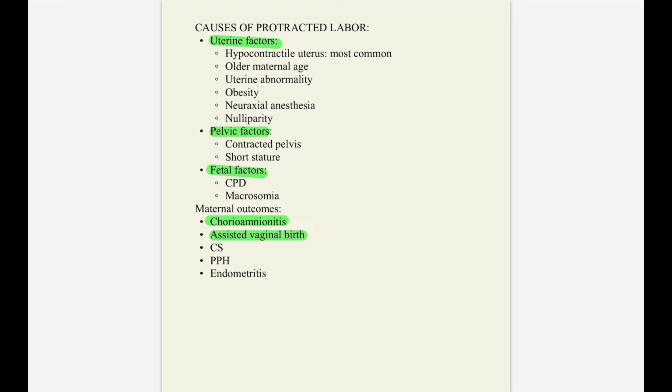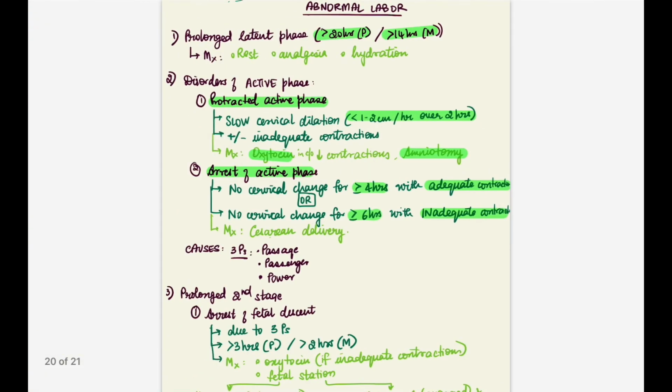Then increased rates of cesarean sections, risk for postpartum hemorrhage, and infection like endometritis. All right. So those are the disorders that you see in the active phase of labor. And in fact, one note here is that a protraction or arrest of labor is the most common cause for a cesarean section.